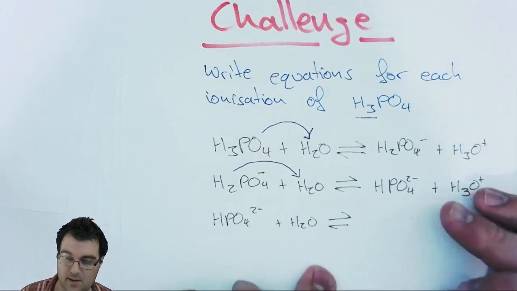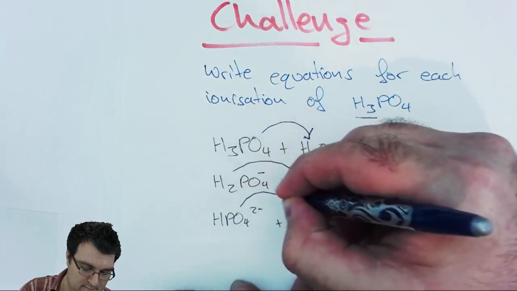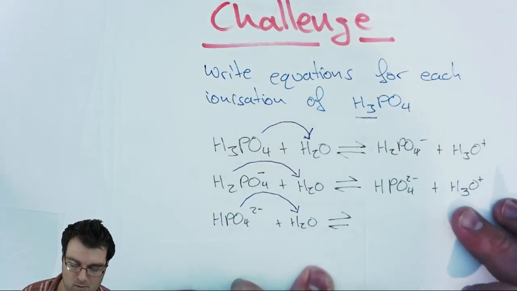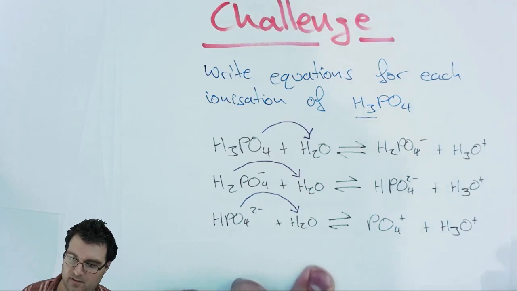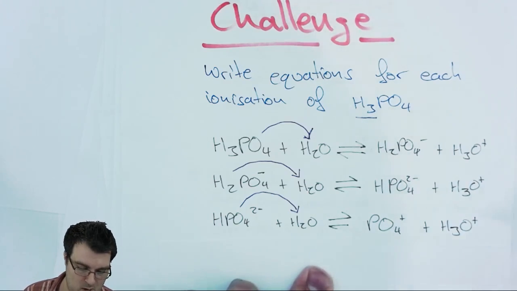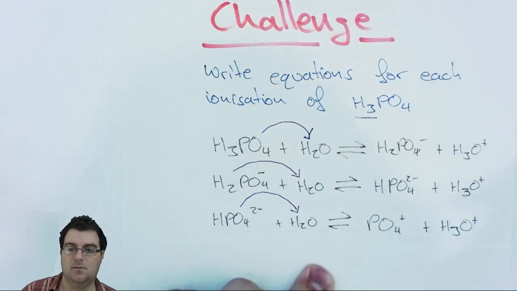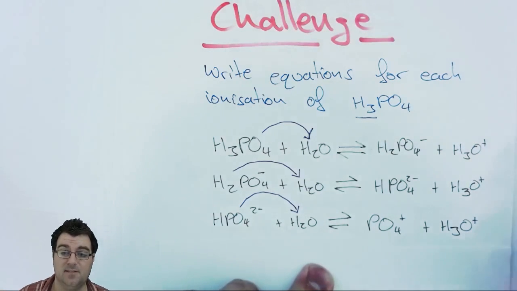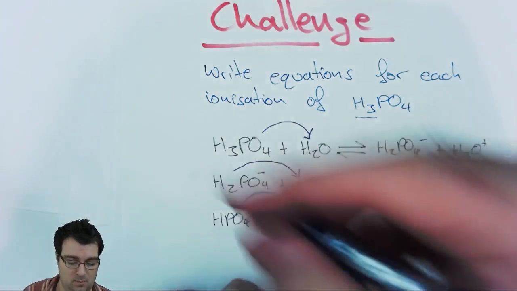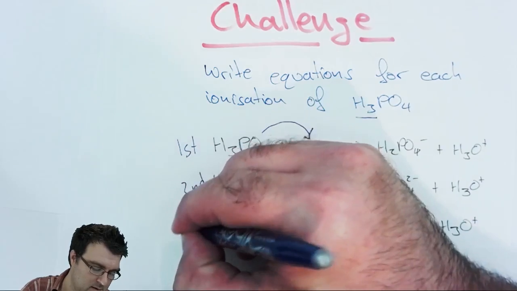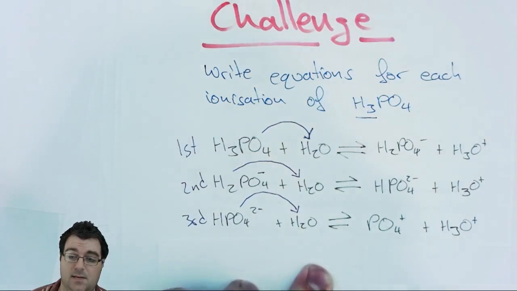In the case of the third ionization, it donates that final proton, or hydrogen ion, to the water molecule, leaving behind our phosphate anion and forming that third hydronium ion. So just take note that this is an important situation, being able to recognize that you have successive ionizations for polyprotic acids. So we have our first, second, and third ionization.